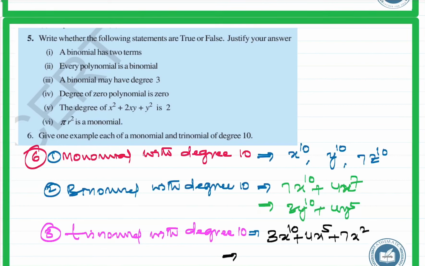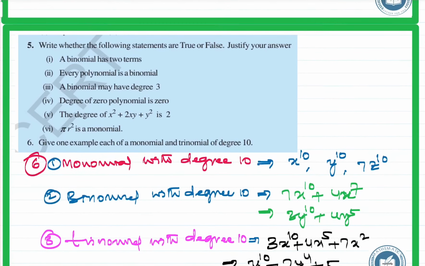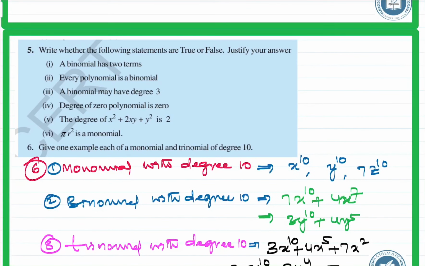So this is a 10th degree polynomial. Another example I can write: y to the power of 10 minus 7y to the power of 4 plus 5, and this one is a trinomial of 10th degree. Okay, this exercise is over.